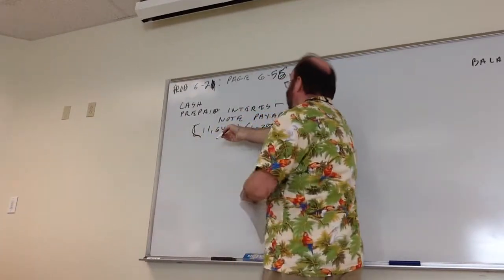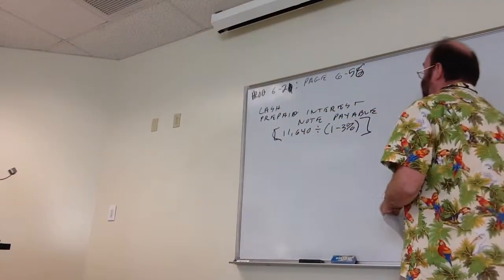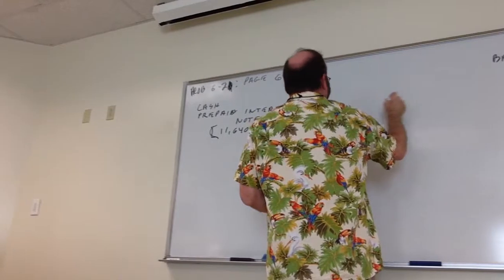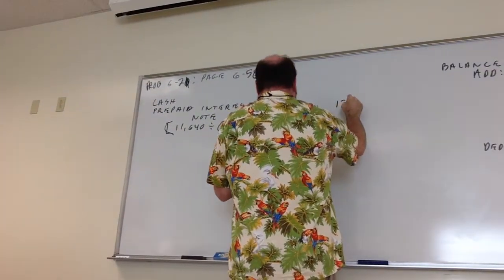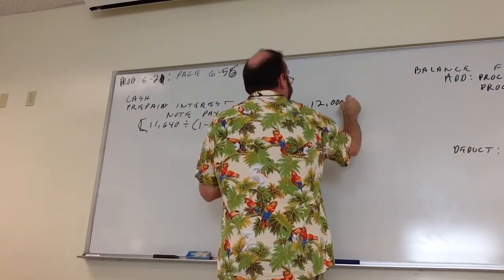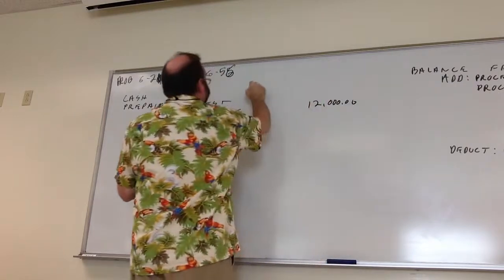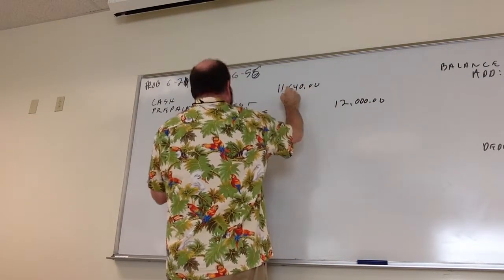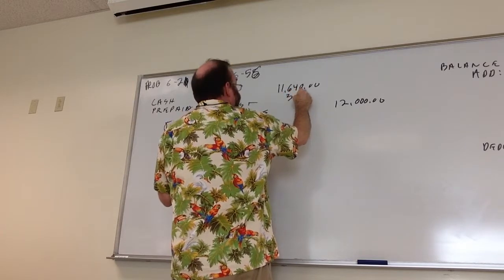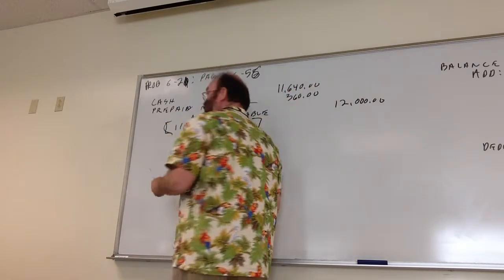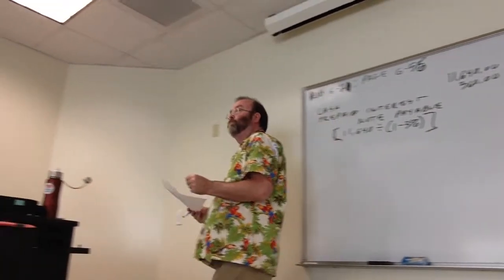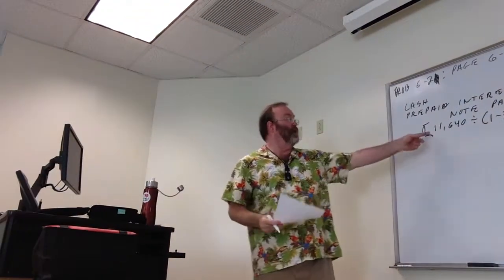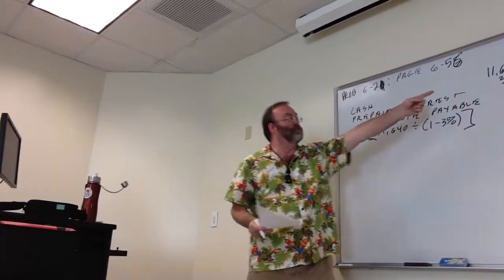If you divide the $11,640 by 97%, you get a note payable balance of $12,000. You received $11,640, and that means you've got $360 in prepaid interest. That's the difference between the two.